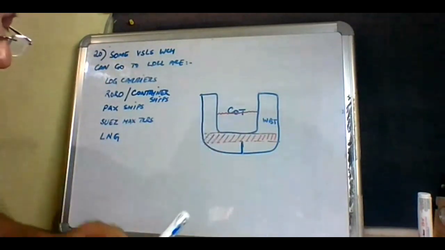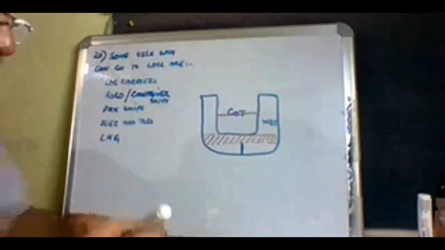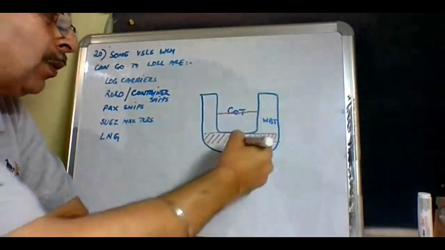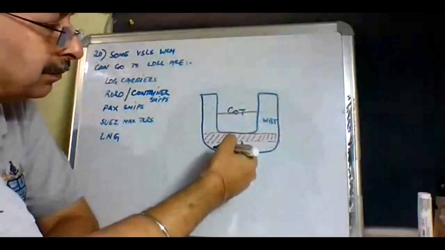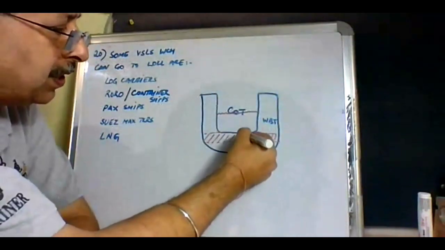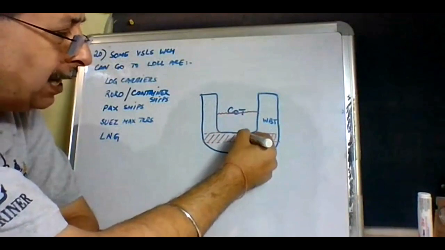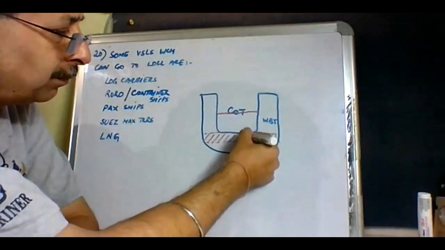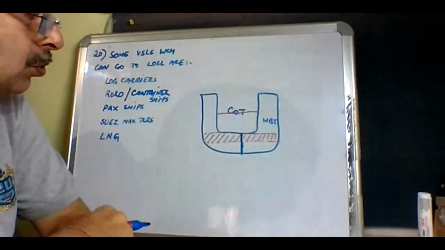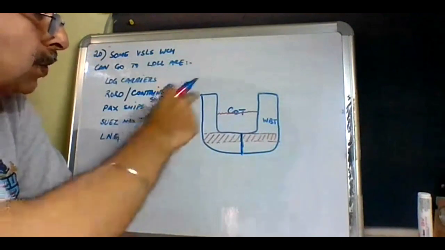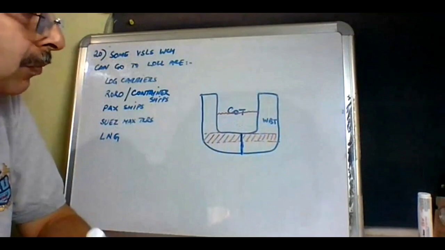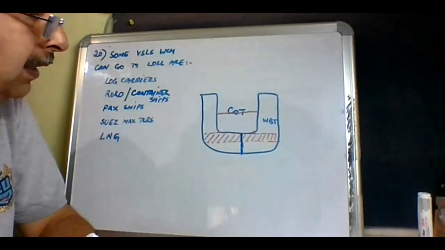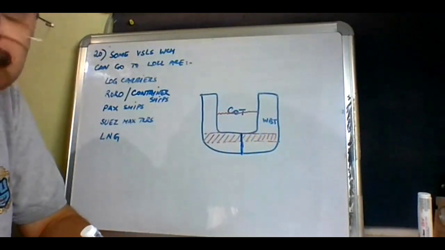A lot of accidents took place in these Suezmax tankers. So in the next dry dock, what was done? This was called the U-tube effect. In the next dry dock, this was welded right up to the top. So the U-tube was converted into a J-tube, and that is how they circumvented this.